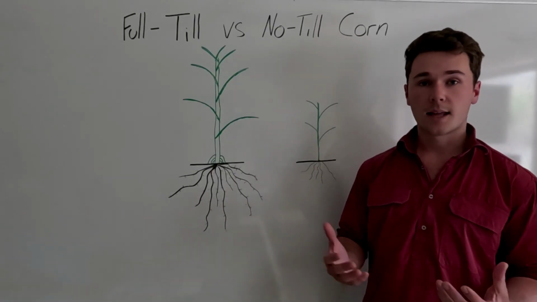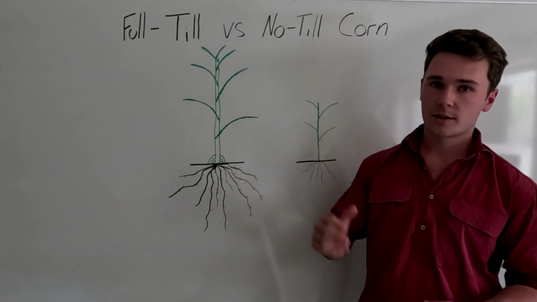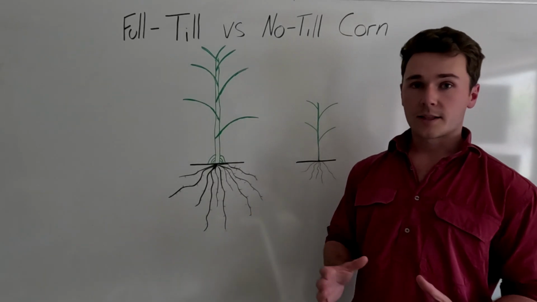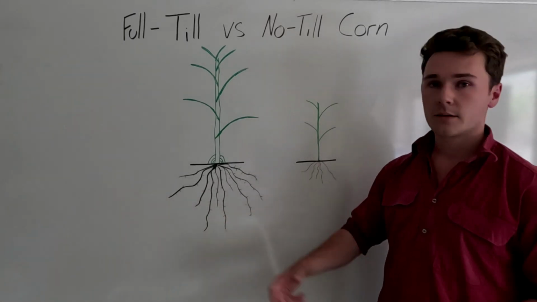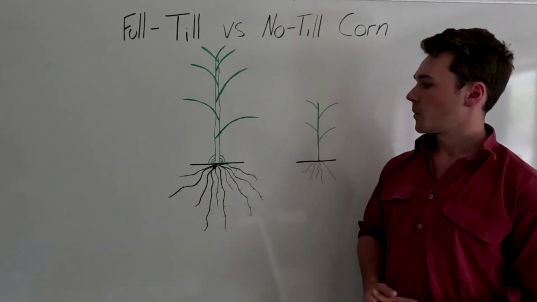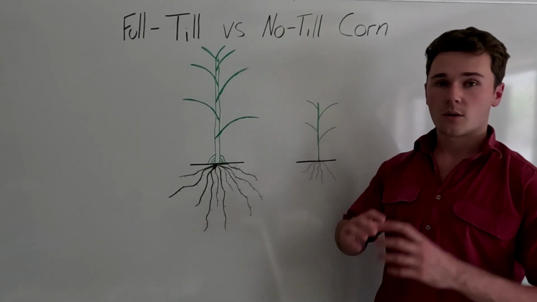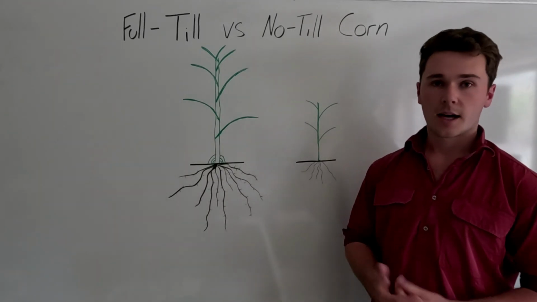The labile carbon rapidly oxidizes and is released to the atmosphere, which is really reflective in these two crops. The no-till corn isn't oxidizing all its soil organic carbon, whereas the tillage corn is constantly oxidizing its soil organic carbon and losing it.